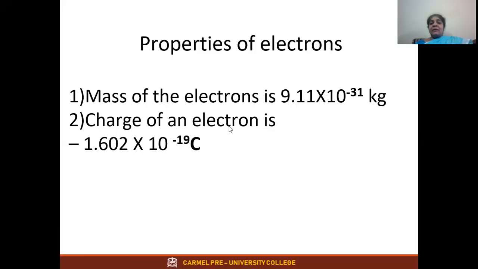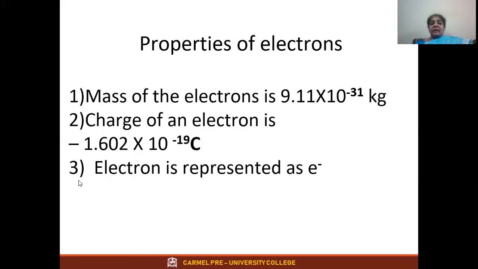Charge of an electron is minus 1.602 into 10 power minus 19 coulomb. Last point, electron is represented as small e minus. So these three important physical quantities of electron, that is mass of an electron, charge of an electron and representation of electron, you have to know, please make a note.